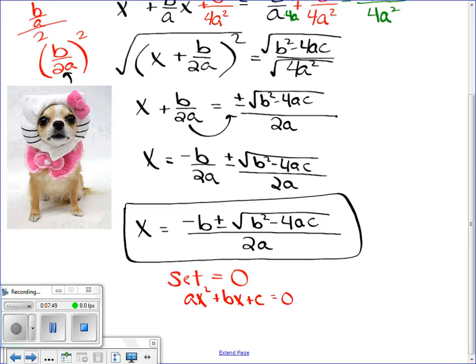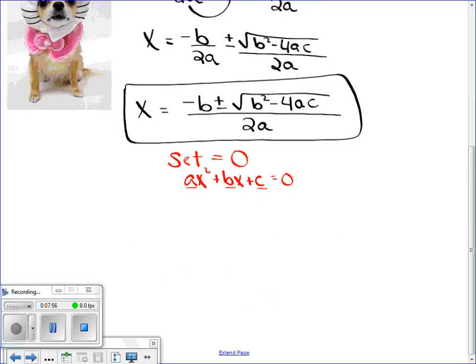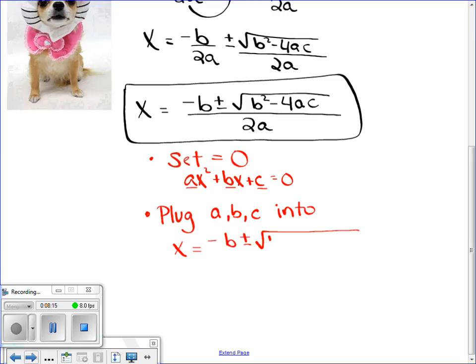All these letters that you're plugging in, there's your a, there's your b, there's your c. So set equal to 0, and make sure it's in standard form. Your next step is to plug a, b, and c into the formula, and here's where you're probably going to want to write it: x equals negative b plus or minus square root of b squared minus 4ac all over 2a.